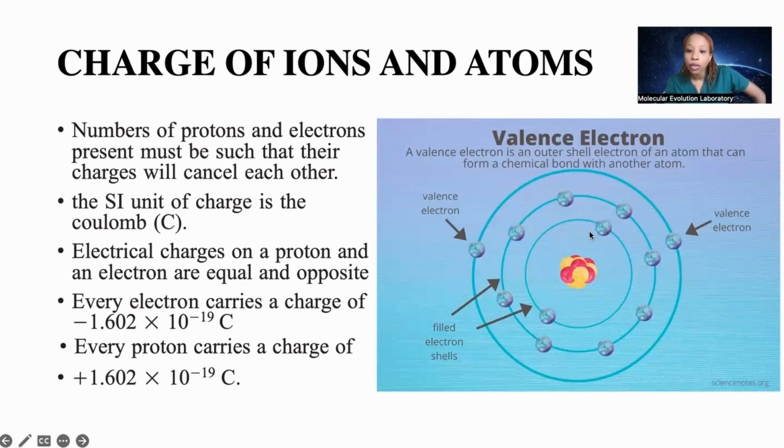The core shell usually admits a maximum of 2 electrons. The second shell usually admits a maximum of 8 electrons, 2, 4, 6, 8, as you can see here. And the outermost shell usually can occupy a maximum of 8 as well, but the number of electrons on the outermost shell will basically determine the number of valence electrons.